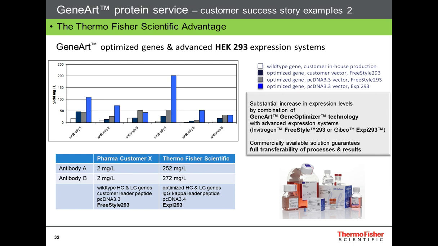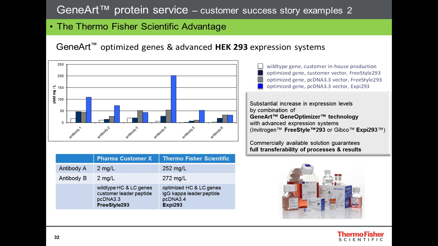So six different antibodies from a customer, and the white bars in the graph represent the wild-type gene and the customer in-house production expression levels, and then the dark blue bars are already optimized gene, but in the customer vector and with the Freestyle 293 cells, so already an increase. Then the gray bars are optimized gene, but now in pcDNA 3.3 vector and in a Freestyle system. In some cases, for antibody 3 and 4, that gave a nice increase.